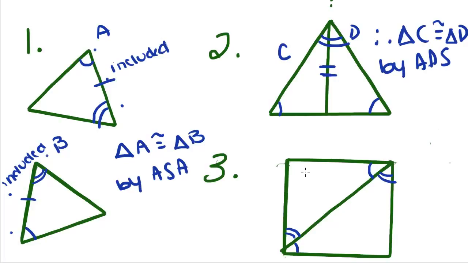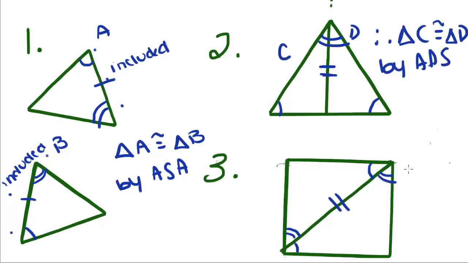Now we have one more. So this triangle is congruent to this triangle. This angle is congruent to this angle, and they share this side.